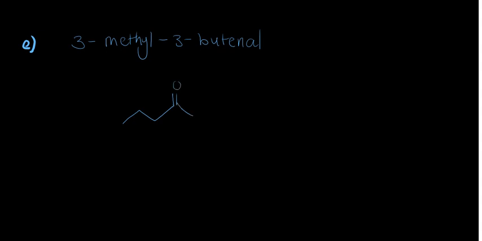They are telling us we have a 3-butenal, so the ene here means that there is an alkene, between carbon 3 and 4 there is a double bond. And on a 3-methyl, on the same carbon number 3, we have a methyl substituent. So this is a 3-methyl-3-butenal.